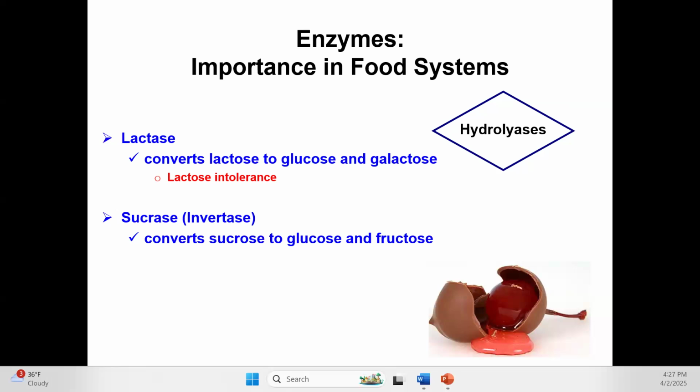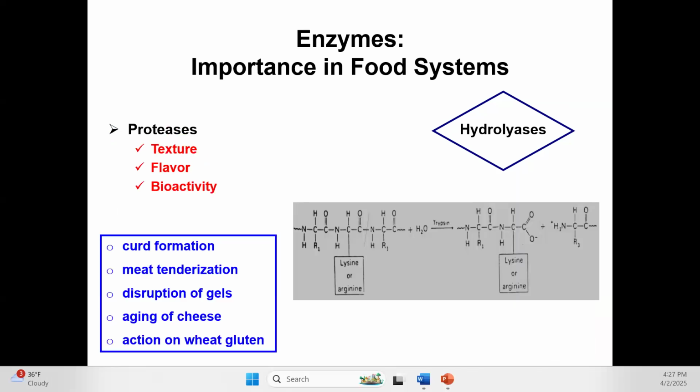All right, and then we have your favorite, protease, which is also a hydrolase. Sometimes it's added to gluten to reduce the elasticity and enhance the viscosity.